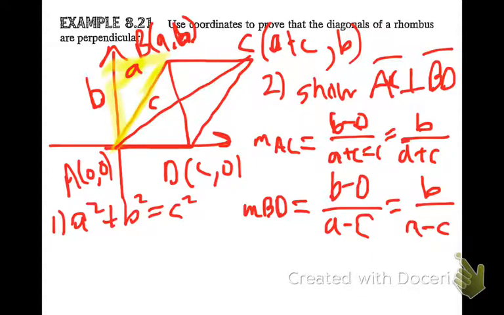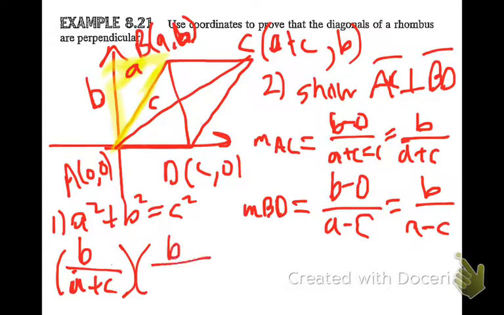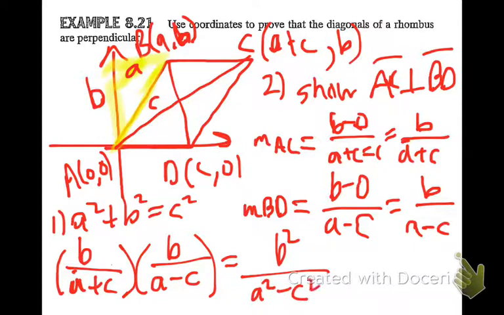So we would do B over A plus C times B over A minus C, and that's going to give me B squared over A squared minus C squared.